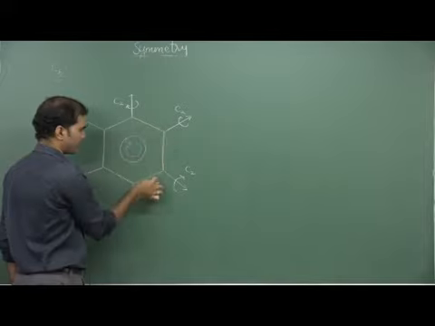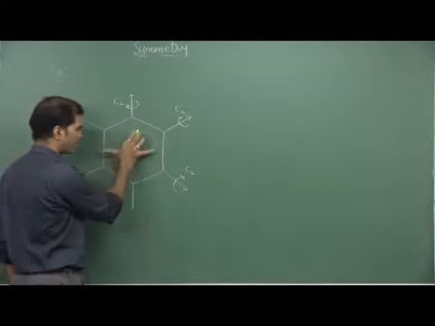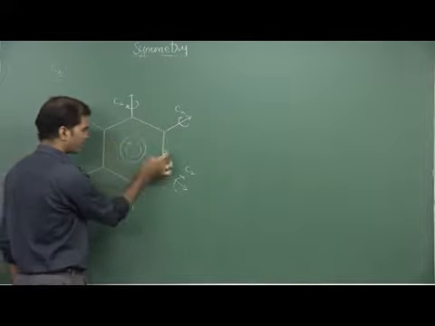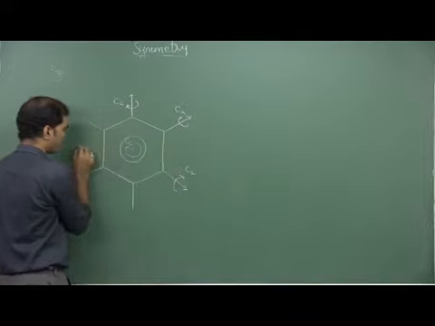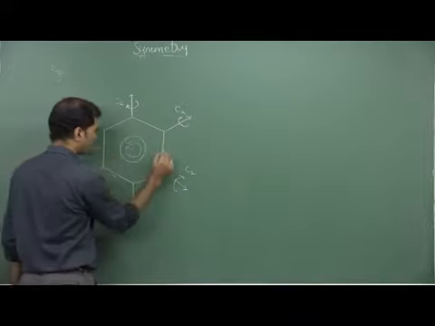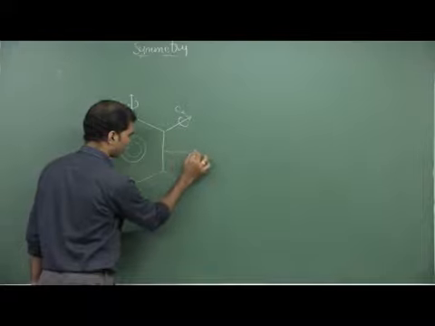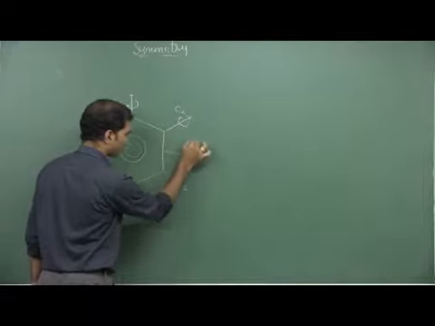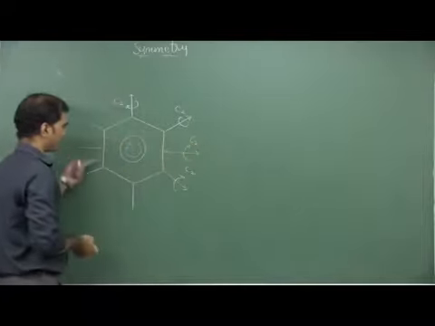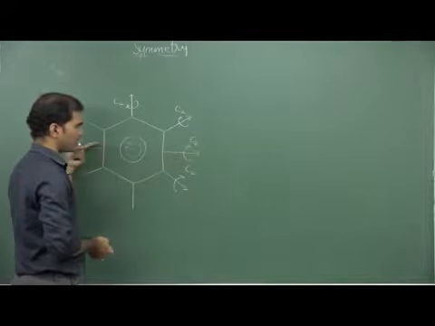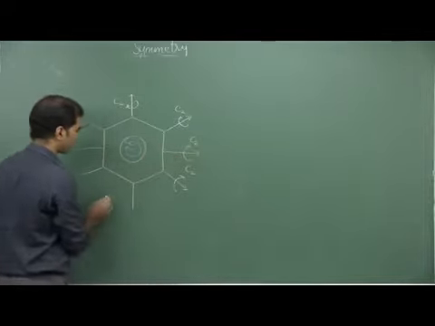We have 6 edges in this benzene, and let me choose one pair of opposite edges. From the center of these opposite edges, we can see another C2. From the center of these opposite edges, one more C2 can be seen.